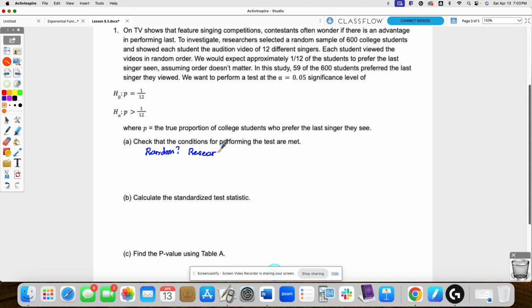You would want to always specify where you see the randomness: researchers selected a random sample of 600 students. So that checks out.